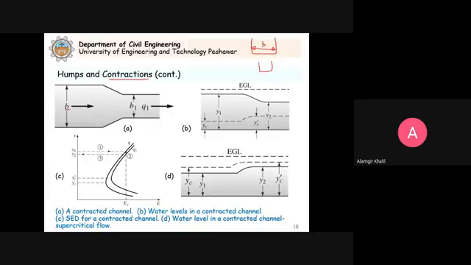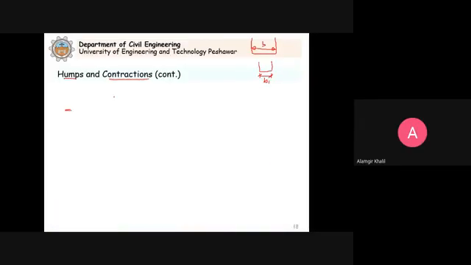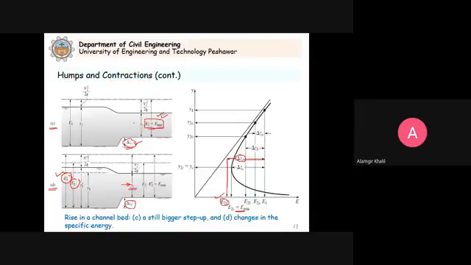Then the width of the channel is reduced, so it is now B1.